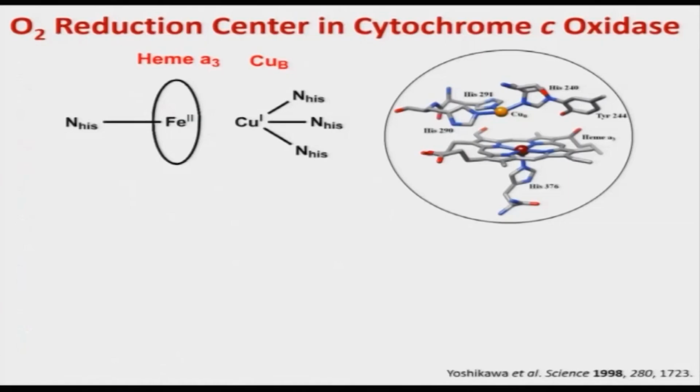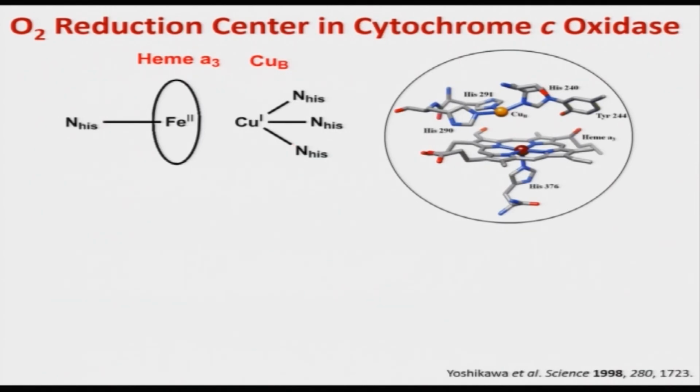The dioxygen reduction center in cytochrome c oxidase is shown here once again, and as one sees, this heme, which is 5-coordinated, and copper B, which is 3-coordinated, can indeed bind dioxygen.